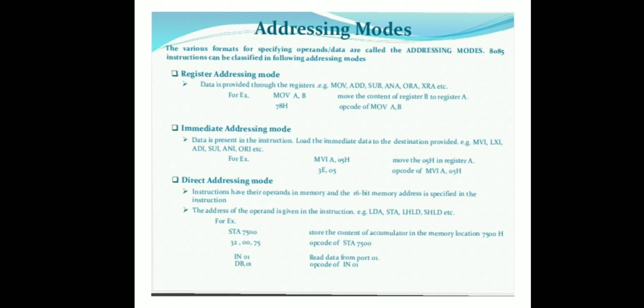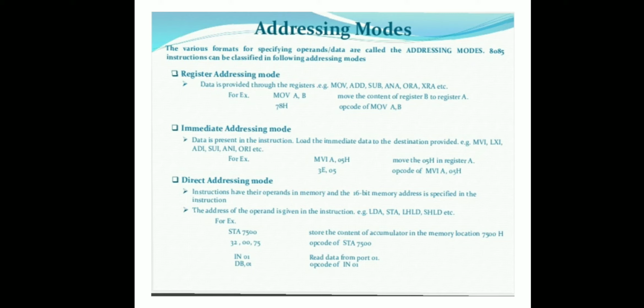In the 8085 microprocessor, there are 5 addressing modes: register addressing mode, immediate addressing mode, direct addressing mode, indirect addressing mode, and implicit addressing mode.